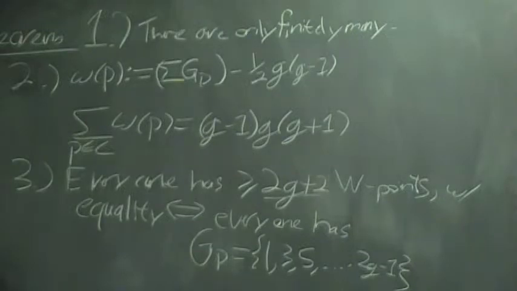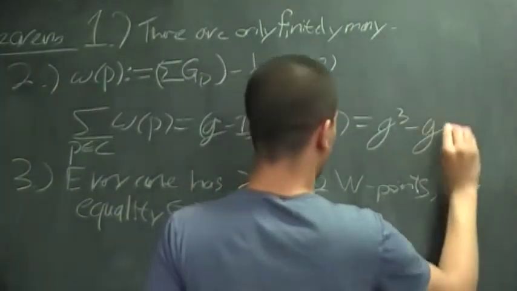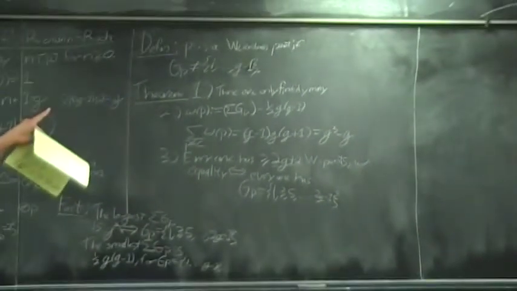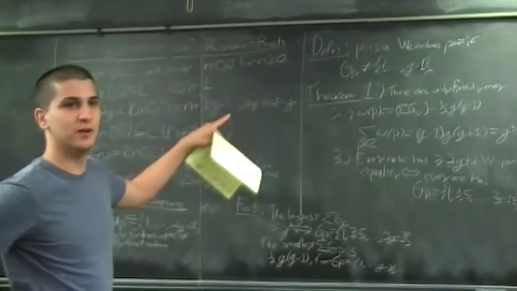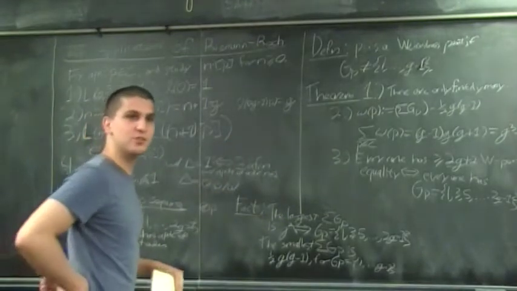Let's see. So this is g cubed minus g. I don't know, we can go through and check these numbers. The specific numbers won't exactly matter for what we're about to do. Sure. It's totally possible that I wrote something down wrong, but we can check them later just to be sure.